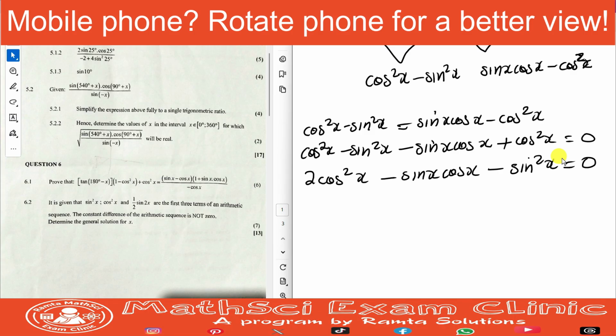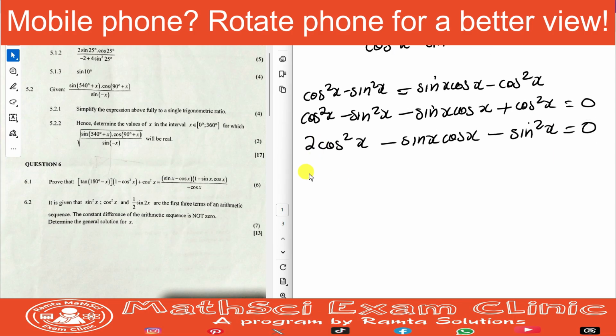It seems here we can factorize this. Our factorization will be (2 cos x minus sine x)(cos x minus sine x) equals 0. The reason I wrote minus for all of them is because it's easy to make it a positive.